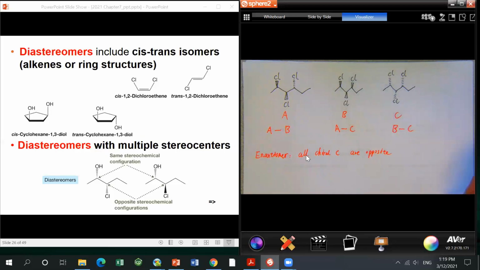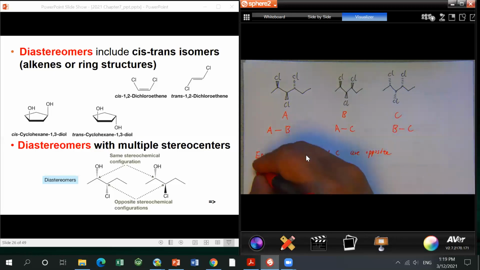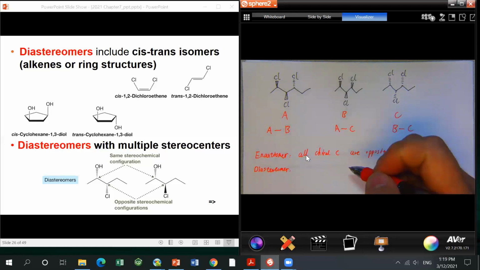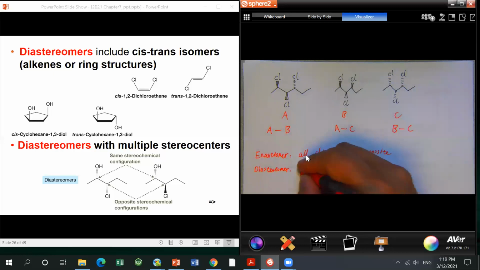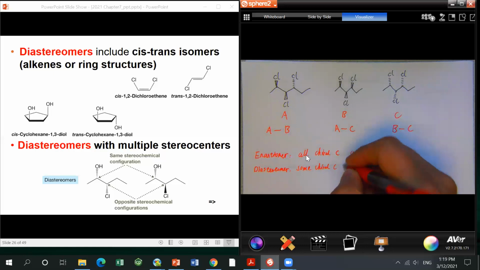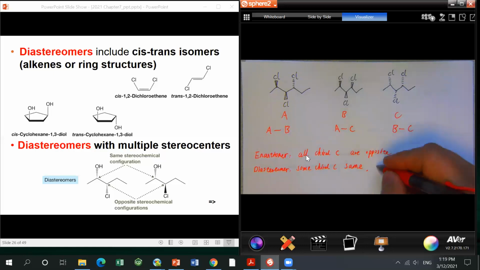So one chiral center in one molecule becomes S in the other, opposite. For diastereomers, as we just talked about, some stereocenters are the same, and some chiral centers are opposite.